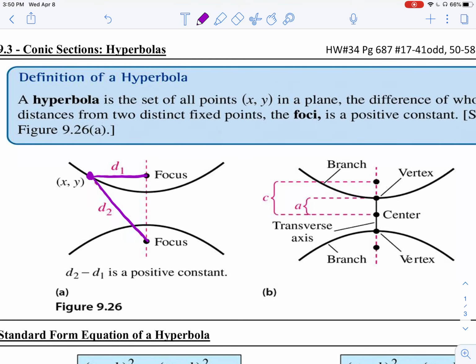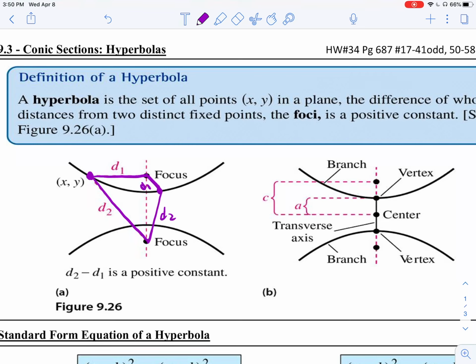Well, if I were to choose any other point on this hyperbola, so let's say I chose that point there, and I found this distance, which is going to be a different D2, and this distance here, which is clearly a different D1, D2 minus D1 is going to be the same positive constant.